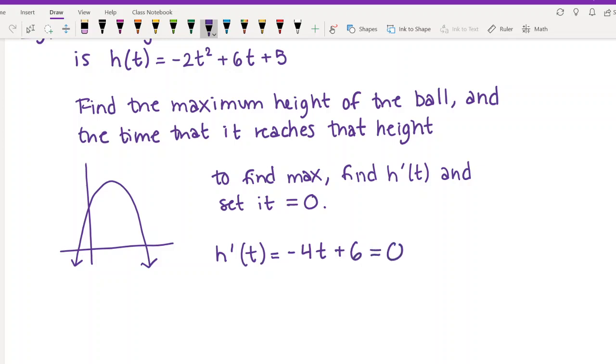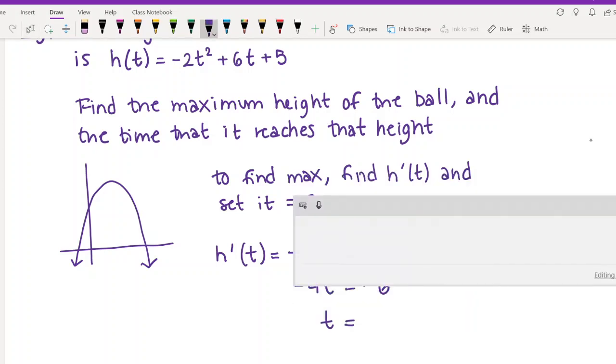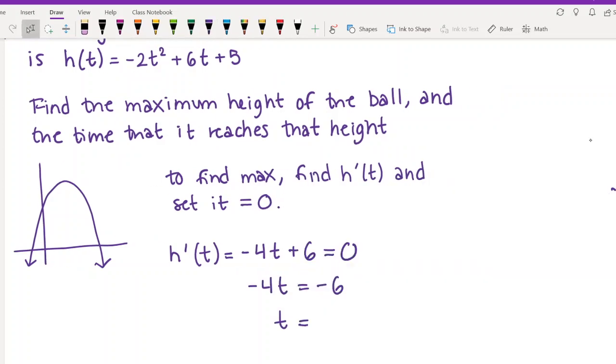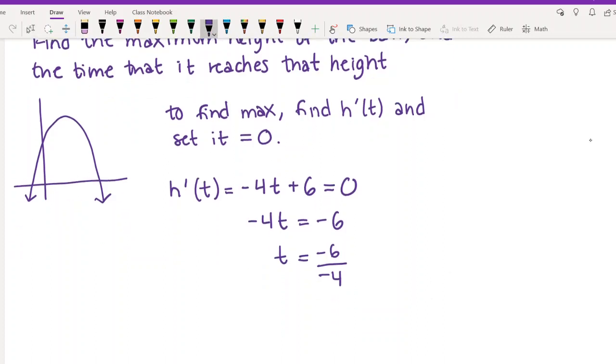Then if we set that equal to 0, we get negative 4t equals negative 6. And so that tells us that t is equal to negative 6 over negative 4, which simplifies to 3 over 2.